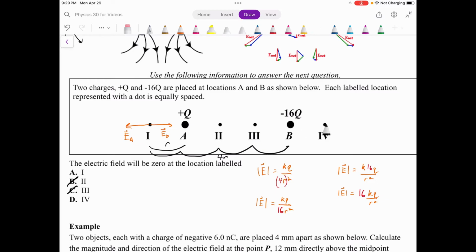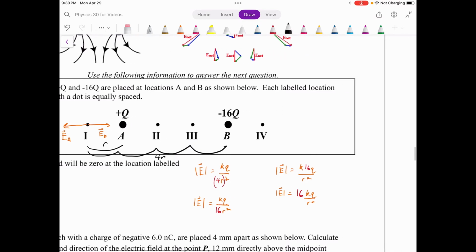Well, this one's got it all backwards now for what we would need, because look, it's much closer to the stronger of the charges. So it's 1/4 the distance. We know that would make the electric field 16 times stronger, right? If the distance is 4 times smaller, the electric field would be 16 times larger from charge B than it would from charge A. Plus, charge B also has 16 times more charge.